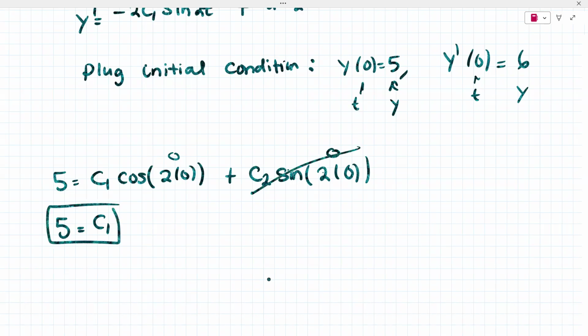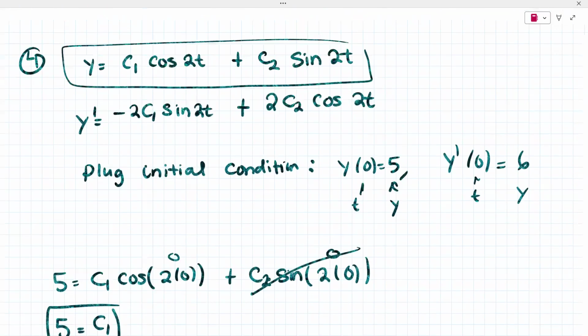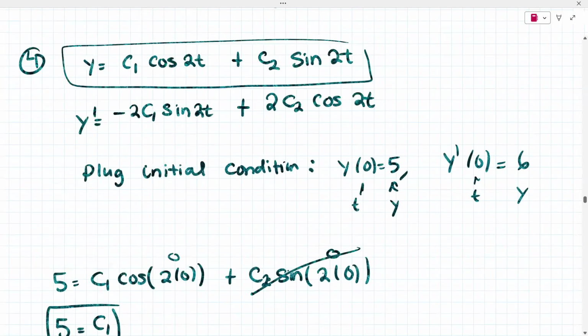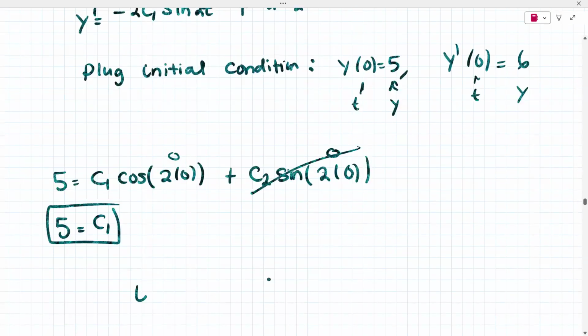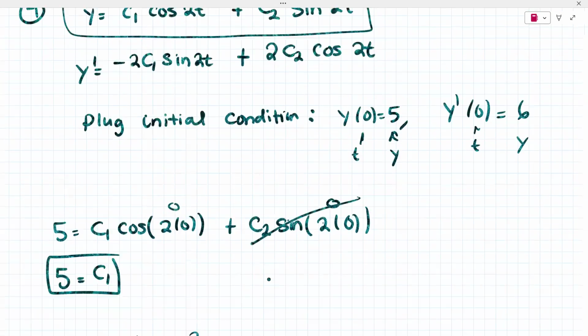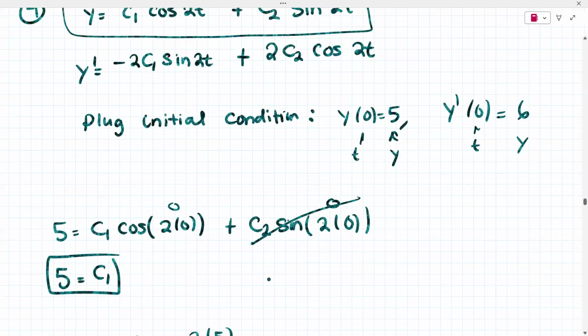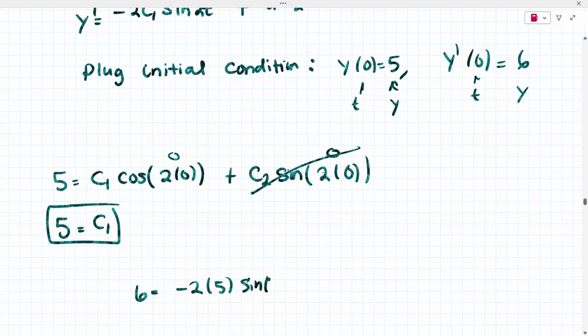Let me box it. And then we're going to plug in this other condition in the y prime. So my y prime is 6, so it's going to be 6 equals negative 2, and my c1 is 5, times sine of 2 times 0 plus 2 c2 cosine of 2 times 0.